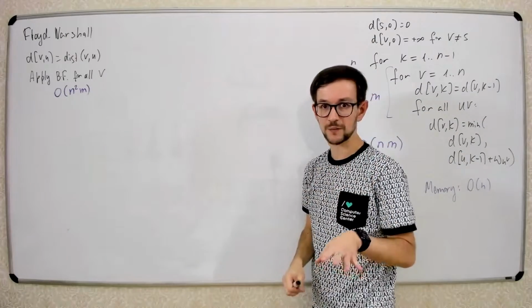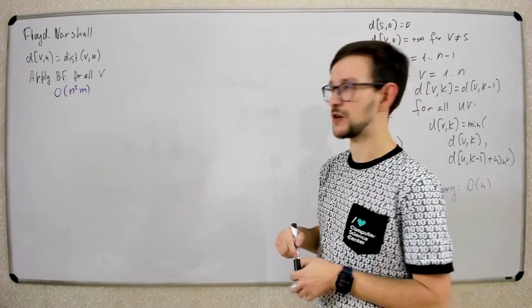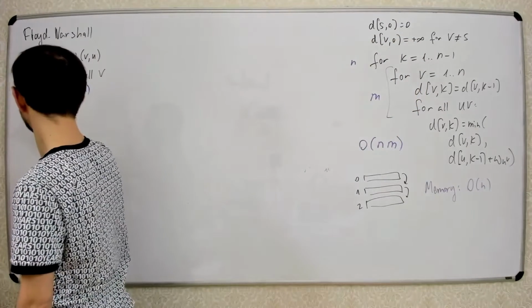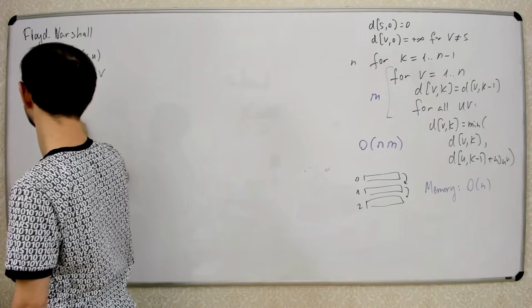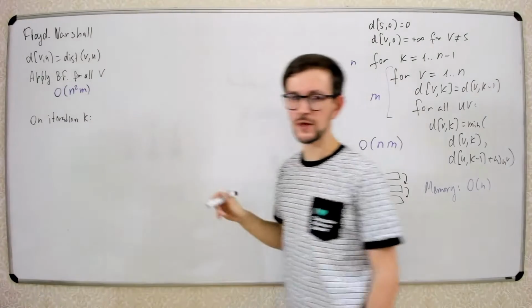So very simple algorithm. We'll use dynamic programming again. In this dynamic programming, we'll make k iterations. So on iteration k, we will calculate the following values.